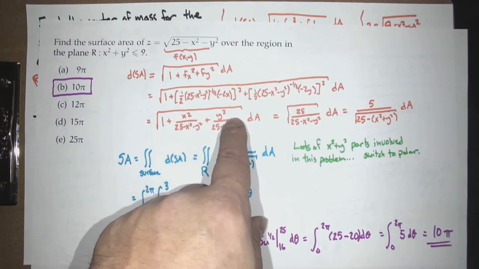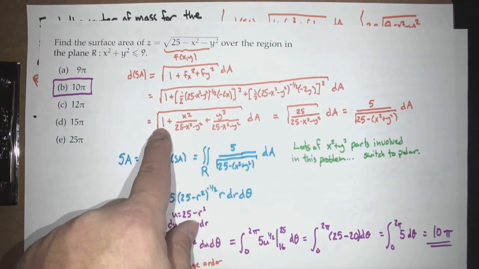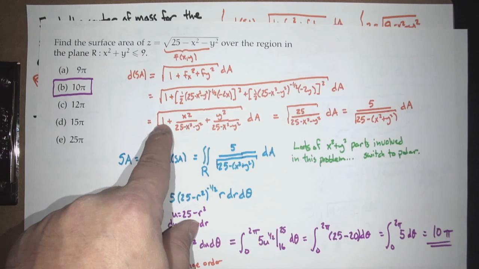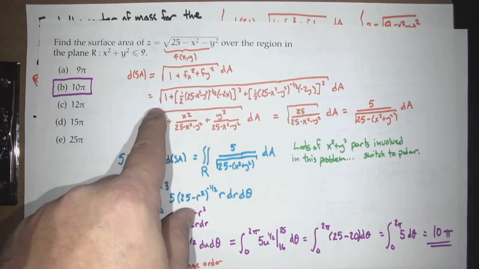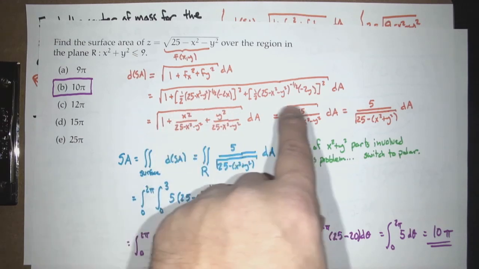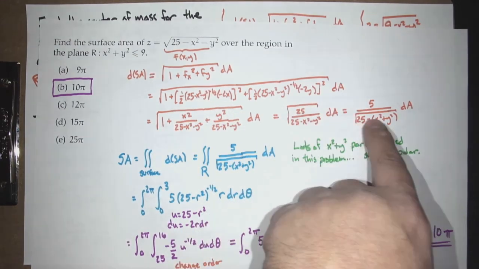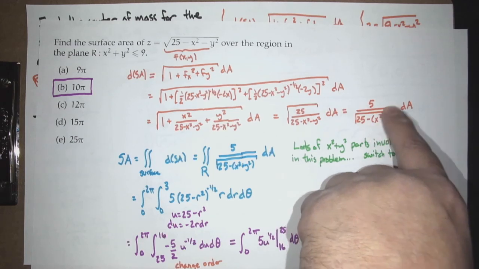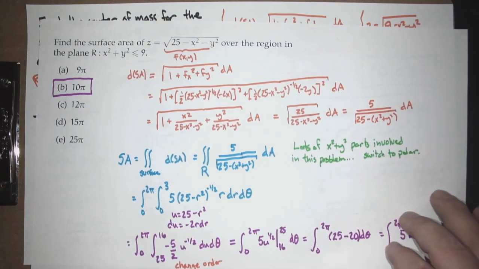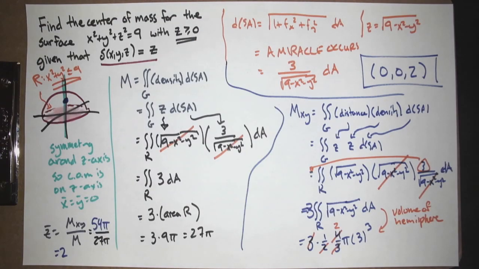You get x squared, y squared. When you add, this would be 25 minus x squared minus y squared over 25 minus x squared minus y squared. Then all your x squareds, y squareds cancel. So you just end up downstairs with what looks like the formula for the sphere, and upstairs, your radius. So that's where it was coming from. That was more than a bluff.